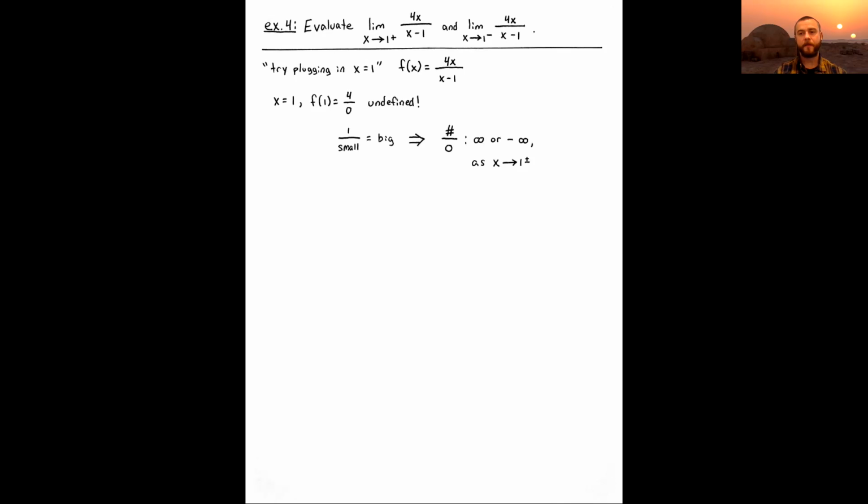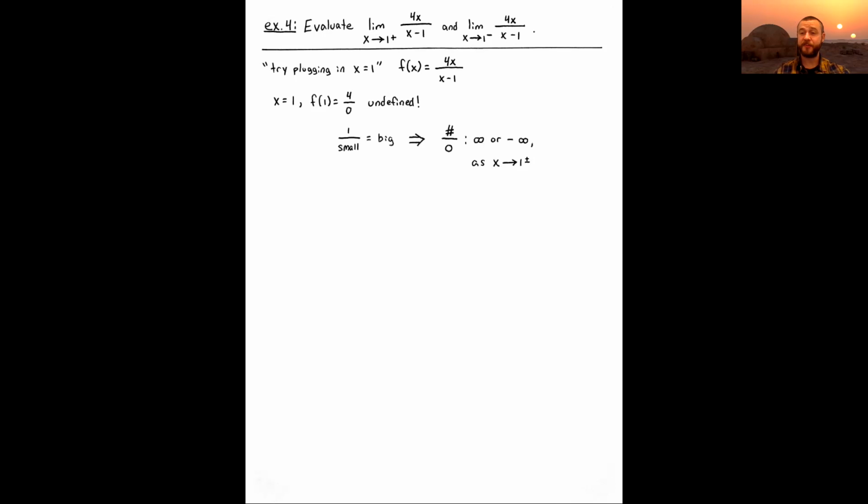What's going on here is as you let values of x approach 1, your denominator becomes very small. Recall a few minutes ago, we gave the useful idea that 1 divided by a small number is really big. So we're going to make the following connection. We're not describing equality here.